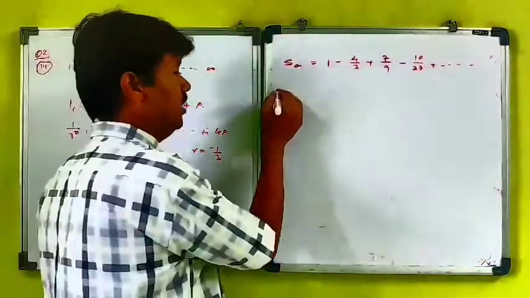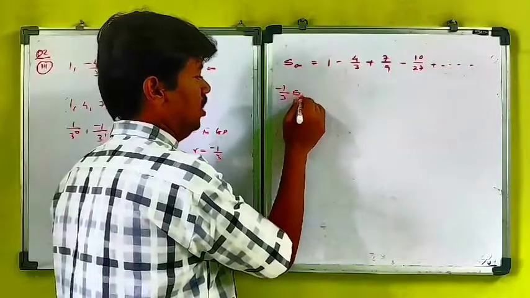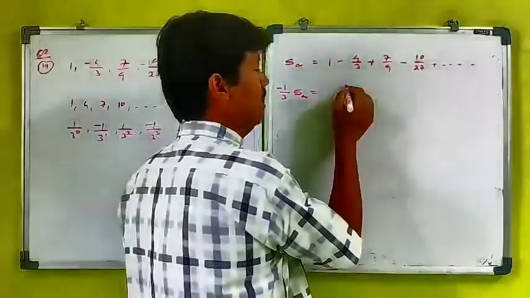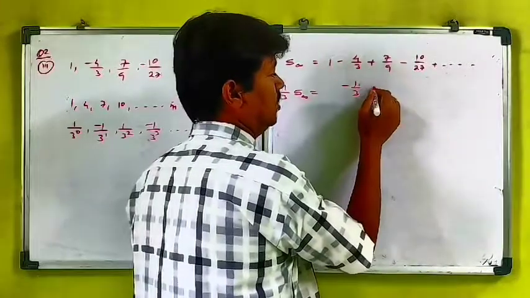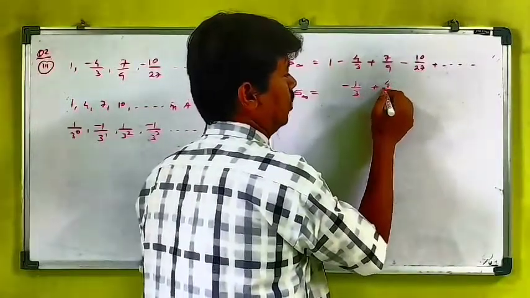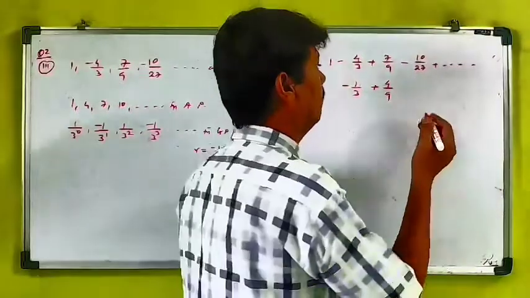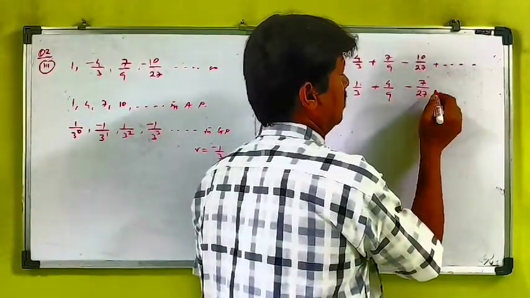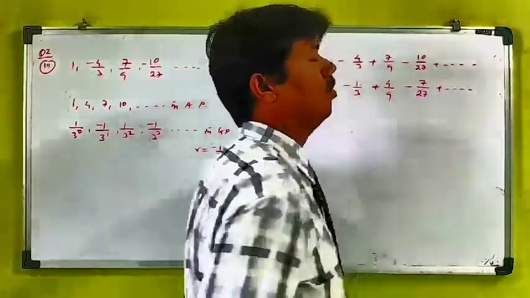So the common ratio here is minus 1 upon 3 times S infinity. So we'll write this here, minus 1 upon 3, this becomes plus, so 4 upon 9, then this becomes minus 7 upon 27, and so on, like this.